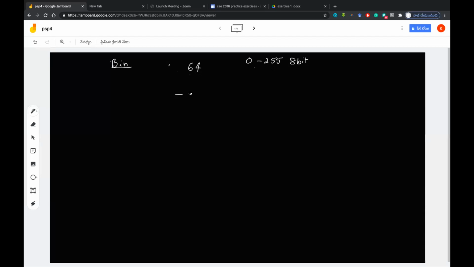So I only have 8 bits. We will have this as 2 power 0, 2 power 1, 2 power 2, 2 power 3, 2 power 4, 5, 6, and 7. Now, how will the computer determine what the number is? By switching on that power.